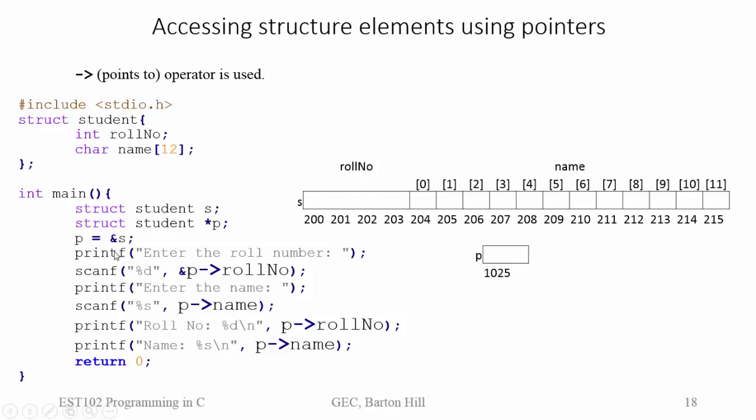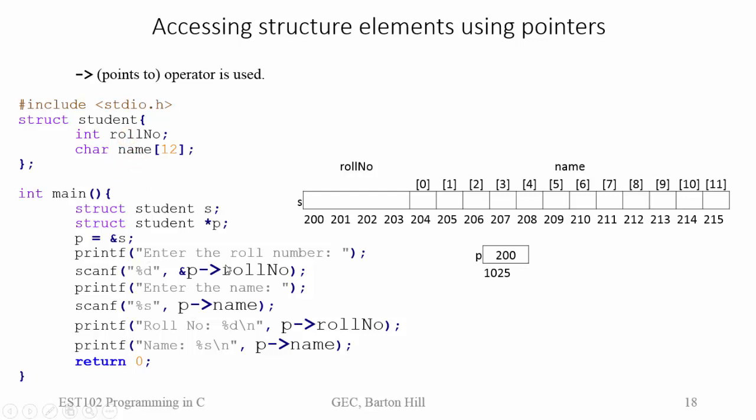Now to get the address of this structure variable, we can use &s. So p = &s will get the address 200 and store it in p. Once we get the address of the structure variable inside our pointer, we can use that pointer and the points to operator to access members of the structure.